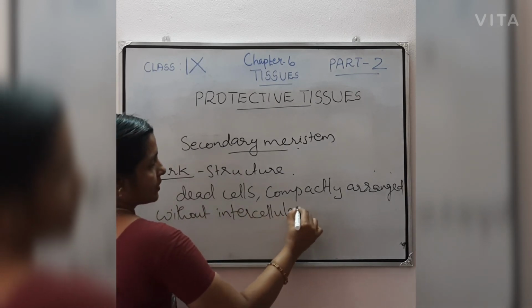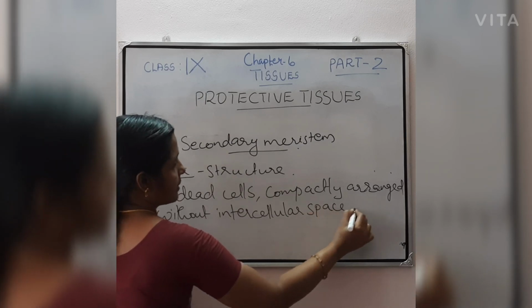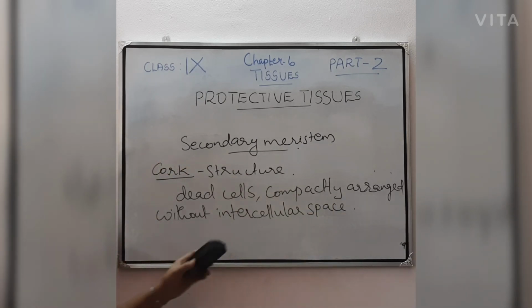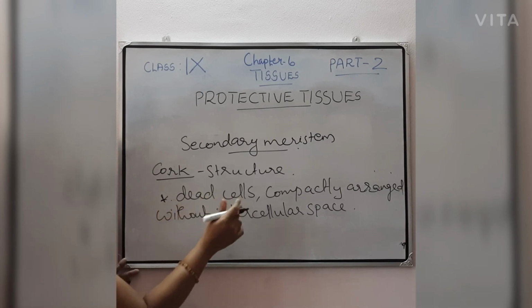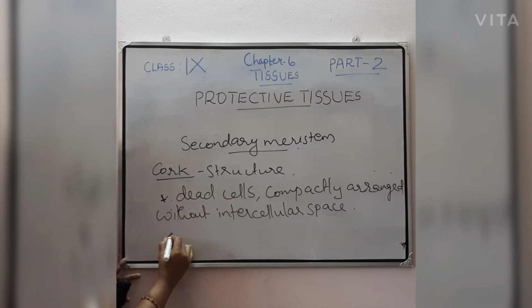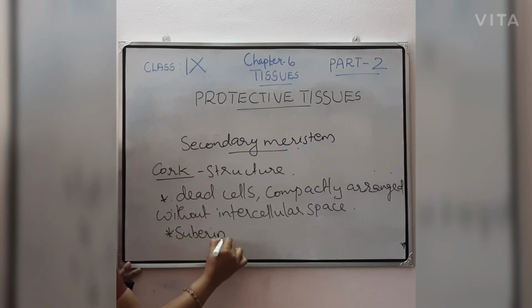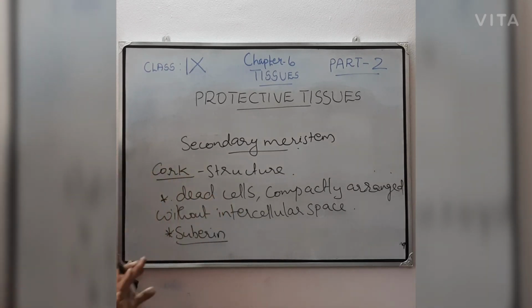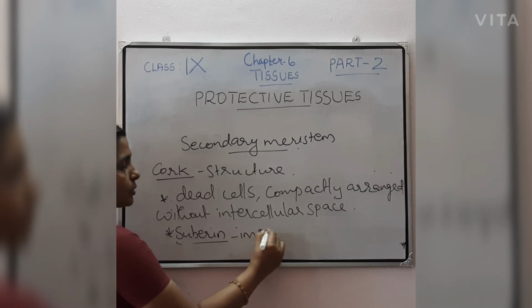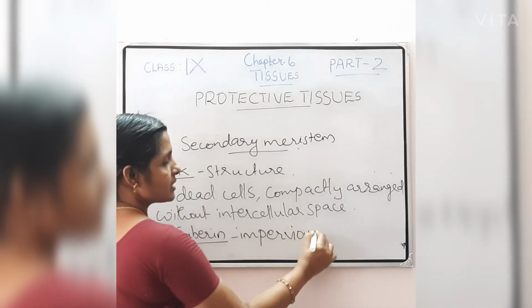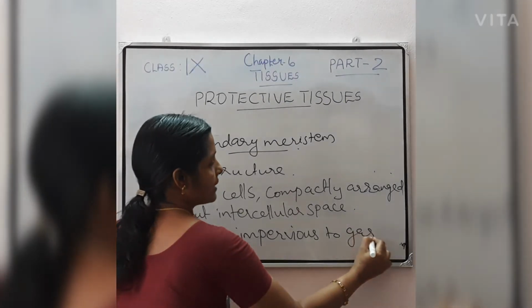Another important feature is that these dead cells are deposited with a material called suberin. The cell wall is highly thickened because of the deposition of suberin, which is impervious to gases and water.